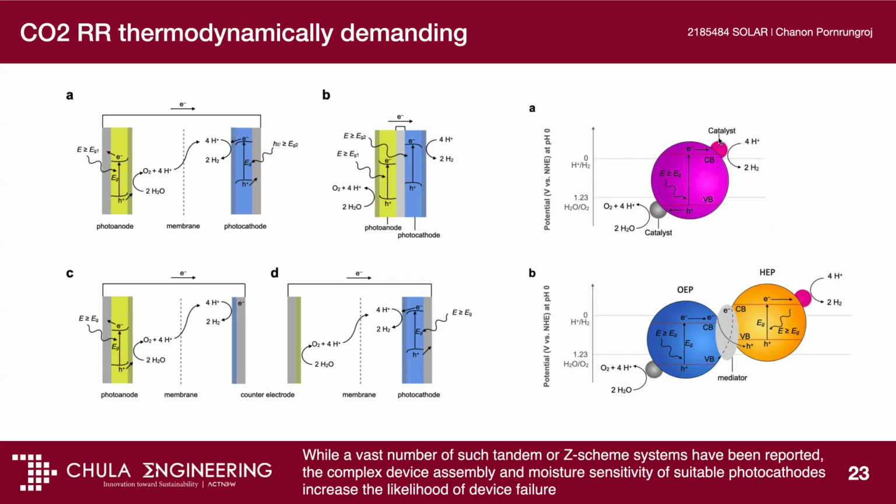You need a little bit more energy to drive this reaction. And then the valence band has to be a little bit more positive than the potential of water oxidation. In this way, you can complete the full reaction. If this particle shifts a little bit up or down, it doesn't work anymore, right?